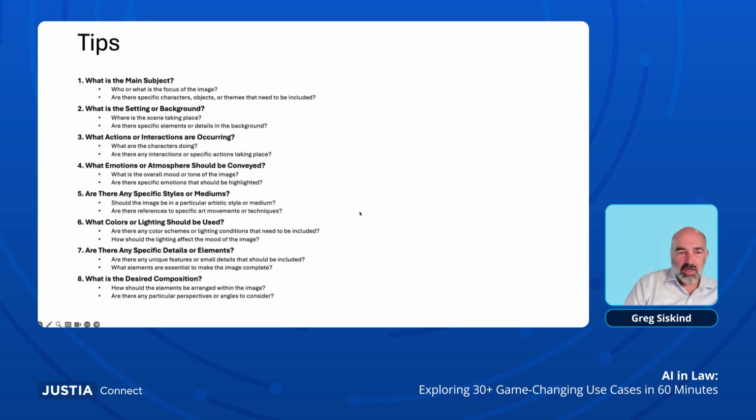So maybe you're trying to come up with a new logo idea for your firm, or illustrations for a blog post, or whatever it is. These are things that you can describe in your prompt, to hopefully get you a better idea. And for me, I'm not at all artistic, so I wouldn't even think about half of these issues.